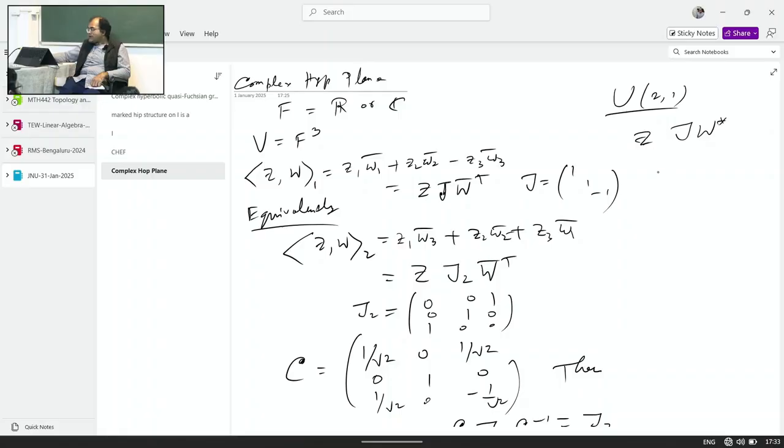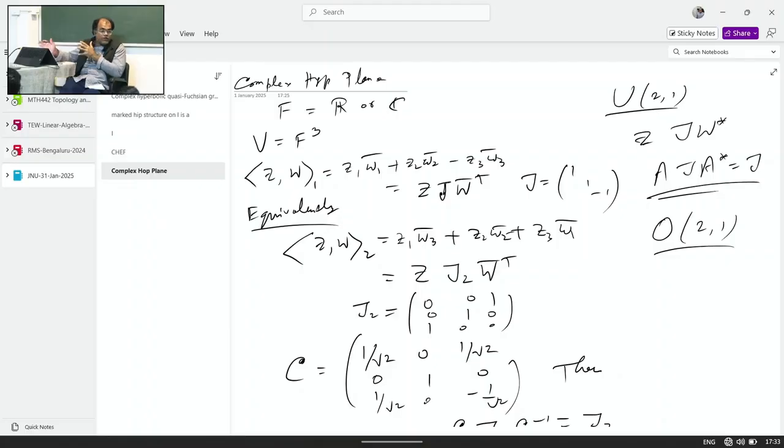Any matrix that satisfies A J A star equal to J, that means it preserves this Hermitian form. Consider the set of all such matrices as U2,1 in the complex case. In the real case, that is denoted by O2,1. And that gives you the isometry group of the corresponding model of the real or the complex hyperbolic space.